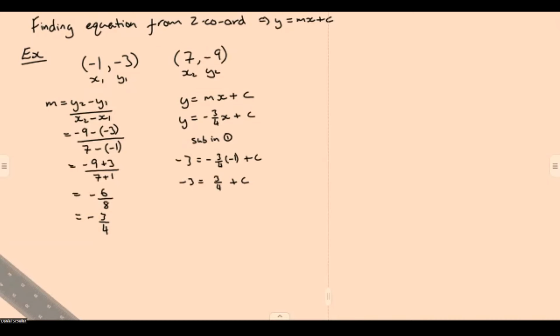Now I'm multiplying everything by 4 to remove that denominator. So multiplying both sides, the left-hand side and the right-hand side. Bring that 3 across on the right.